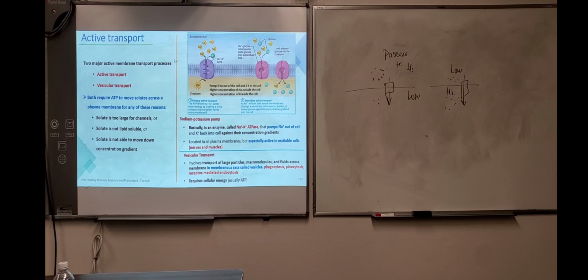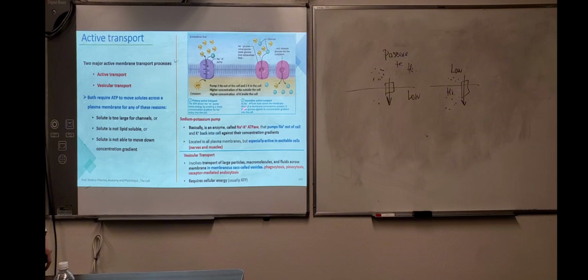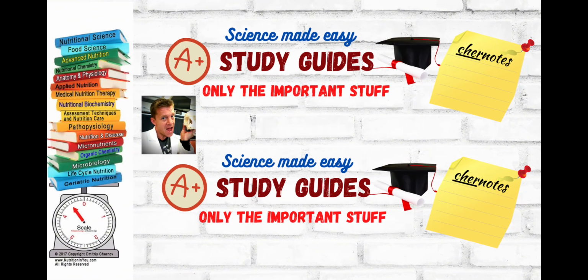You can read all this, but the most important thing to understand is that with active transport, you go from low to high concentration gradient with the help of energy. And the sodium-potassium pump is a great example. We will discuss this further down in the nervous system. So for now, just get this. We will be getting to that in the nervous system. I don't want to pile everything into one lecture.